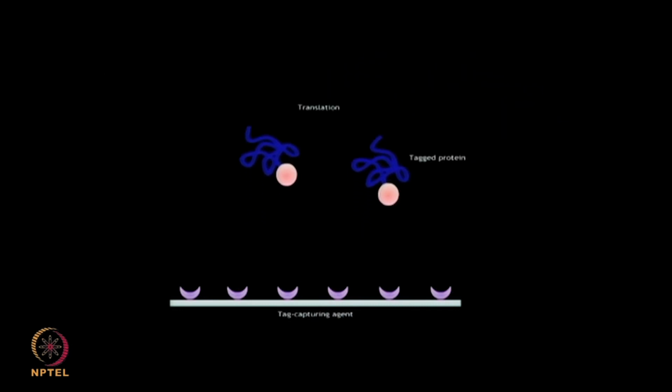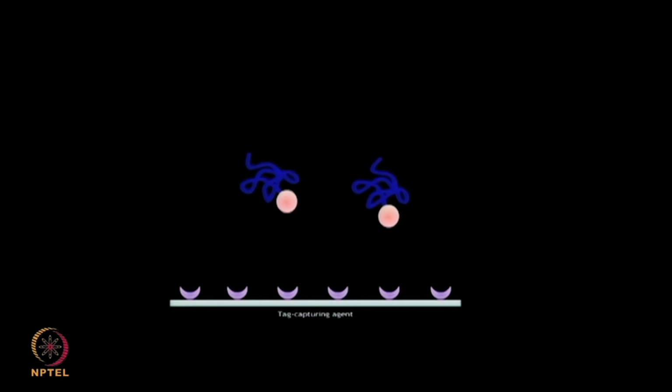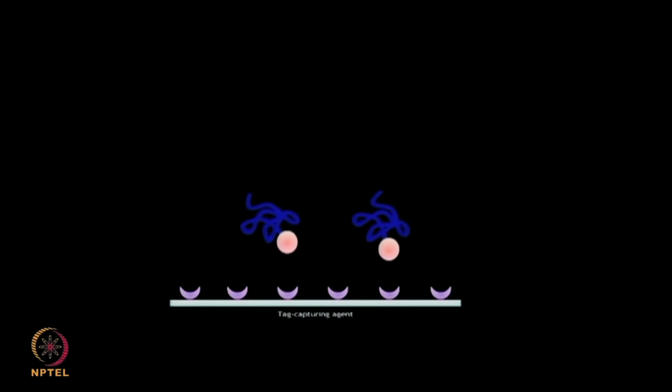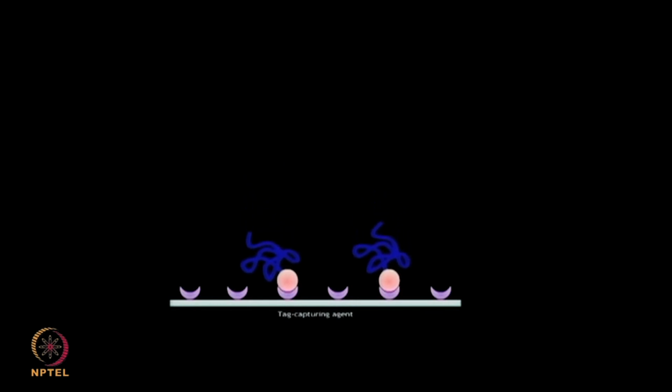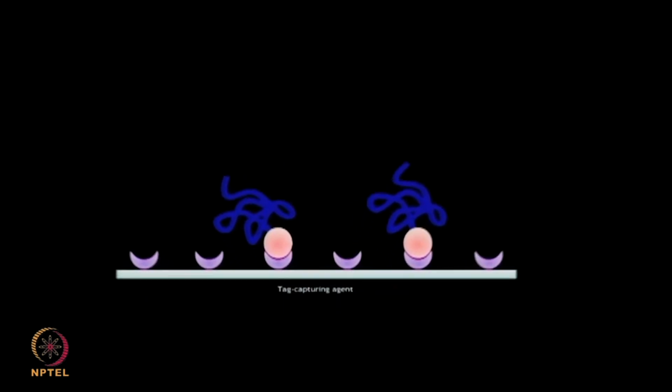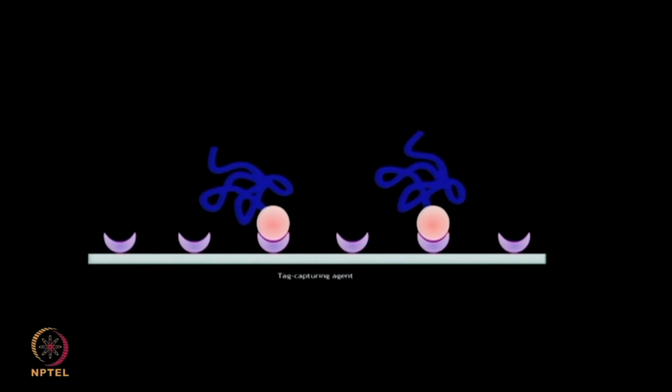The tagged protein is captured specifically onto the array surface through the tag capturing agent. The PISA method has successfully overcome drawbacks of cell-based techniques such as protein insolubility, aggregation, etc.